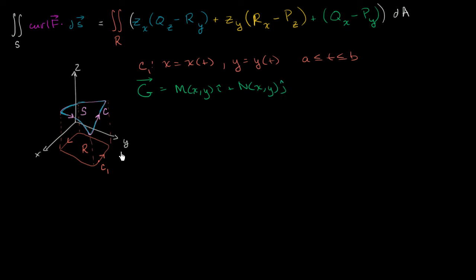Now, what would the line integral, and this is all a review, we've seen this a long time ago, what would be the line integral over the path C1, not C, but this path that sits in the xy plane?